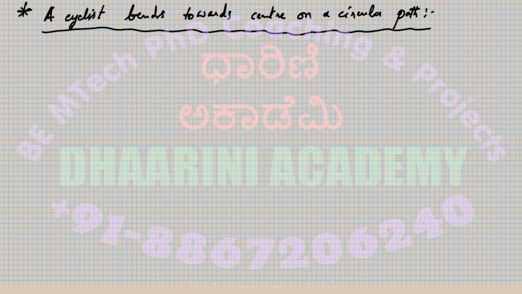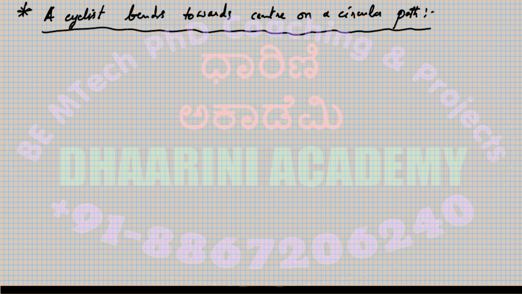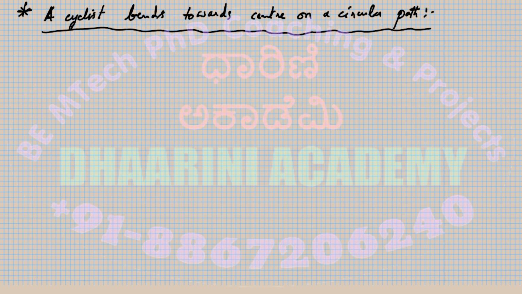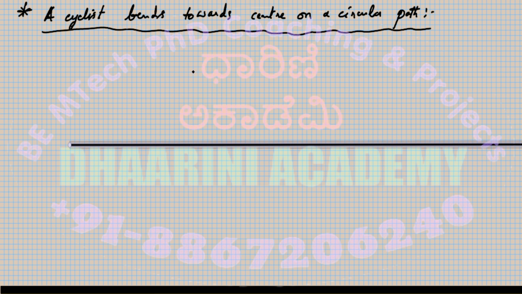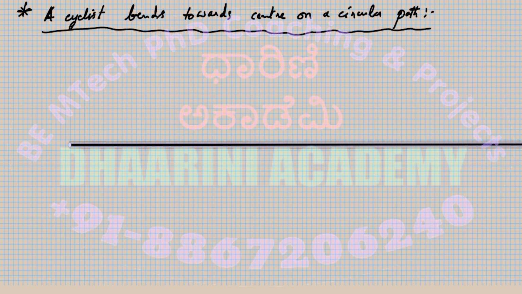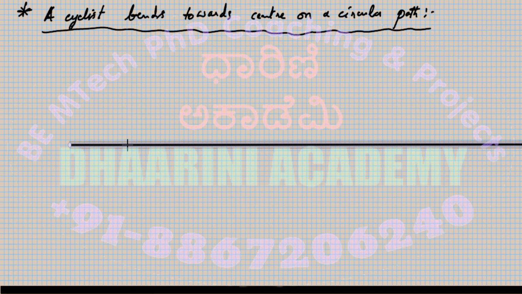Okay, let's try to denote something. Let us say this is a horizontal plane, and the cycle touches the horizontal, or the ground, at a point, which means there is always a normal reaction in this direction, that is N. I assume that this is the point where the tires of the bicycle touch the ground, right?